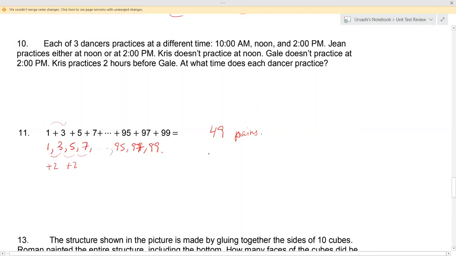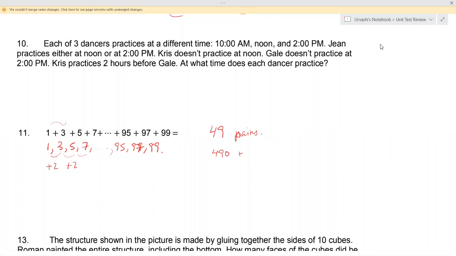I got 490, and then I added the other 0 back in. Then I added the 50 in, and it turned out to be 4,950.